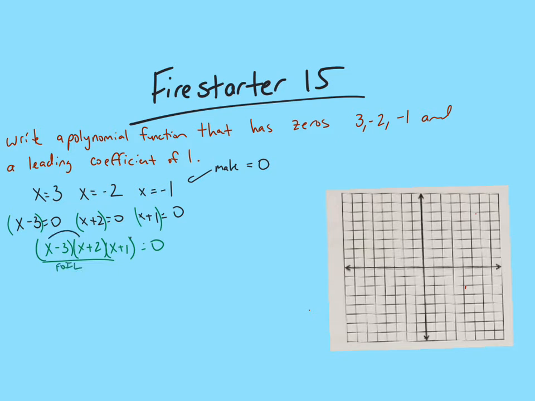So x goes to x gives me x squared. X goes to 2 gives me 2x. -3 goes to x gives me minus 3x.